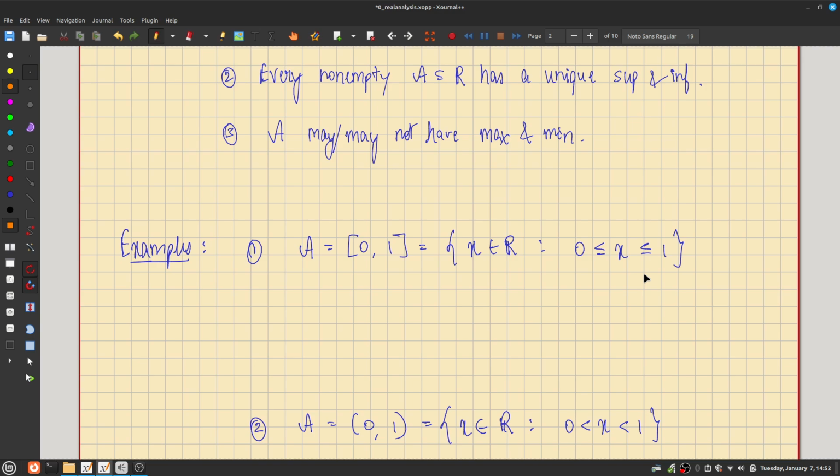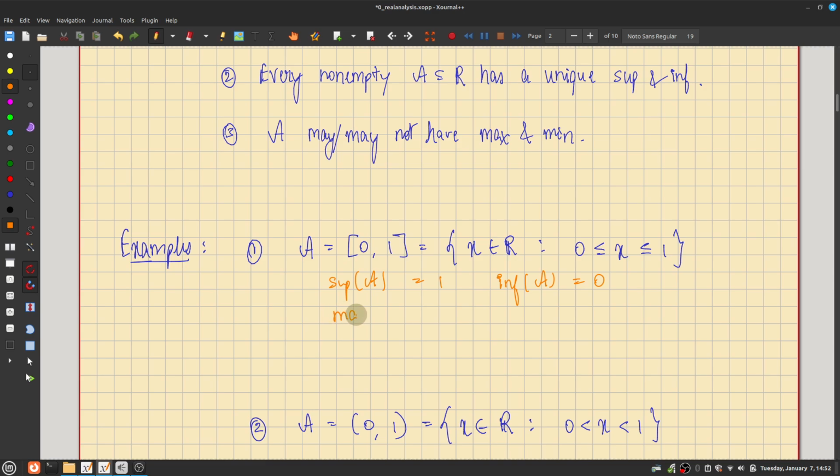So again, just to test our understanding, suppose that the set is the closed interval from 0 to 1. What is the supremum of A? This is 1. Infimum of A, 0.